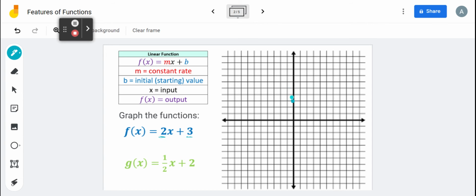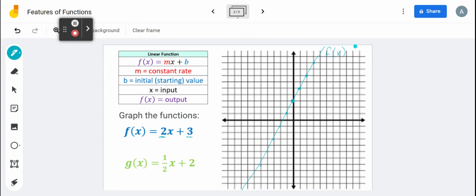So this means that I'm going to go up 2 over 1, up 2 over 1, up 2 over 1, and the same thing going backwards, down 2 over 1. And then I can see that my line looks very similar to this. So this is going to be line f of x.